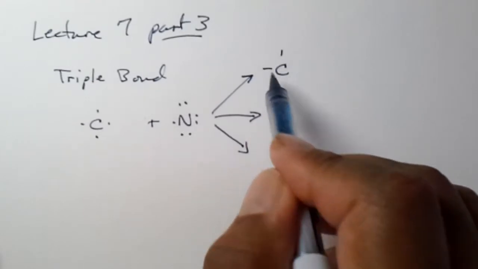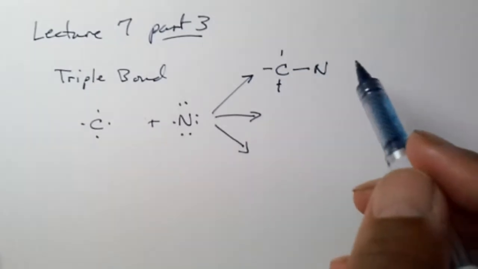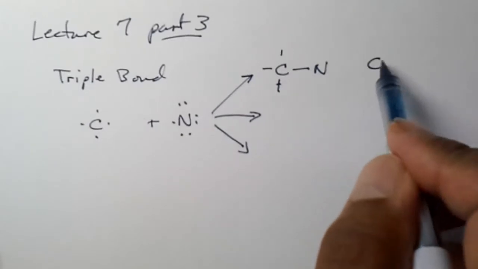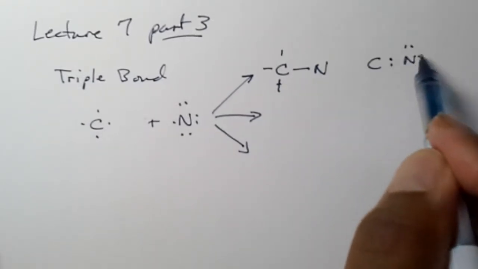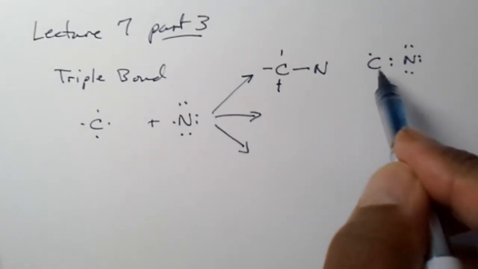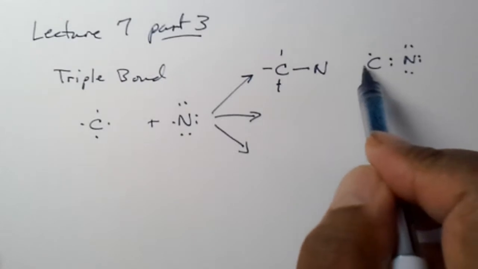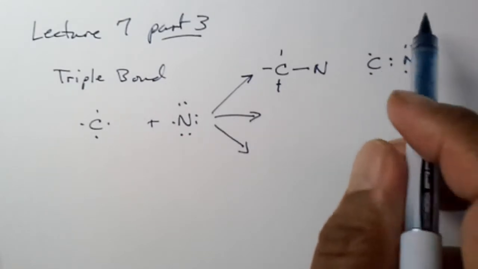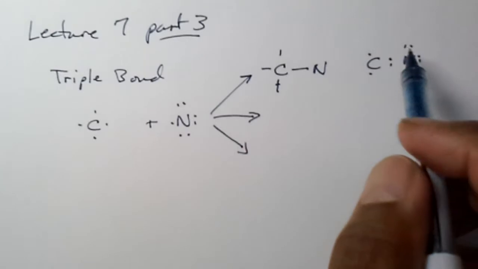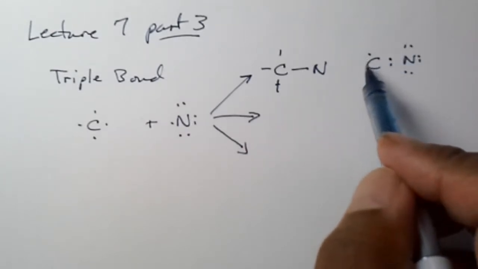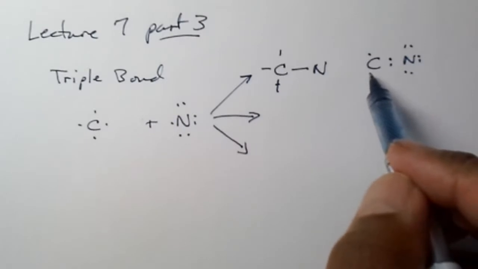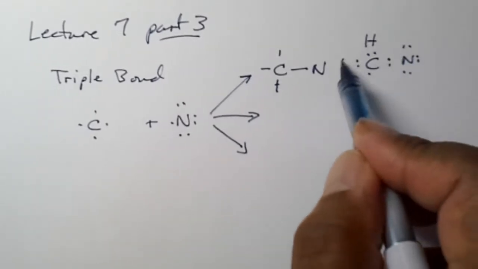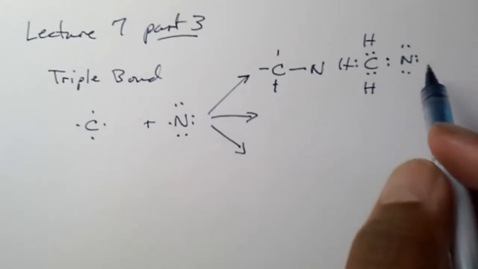You can simply form a carbon-nitrogen bond by sharing one electron with nitrogen. Okay, it looks like this.